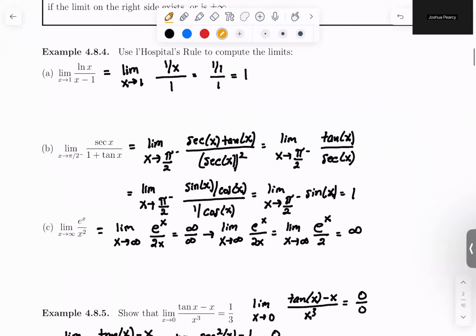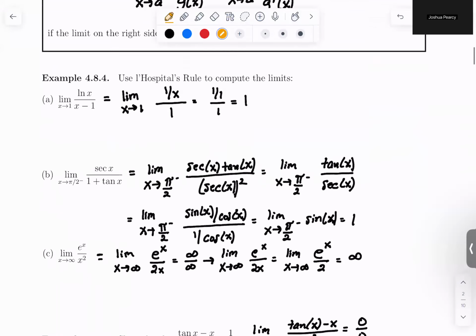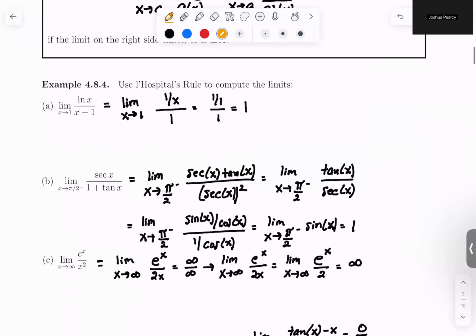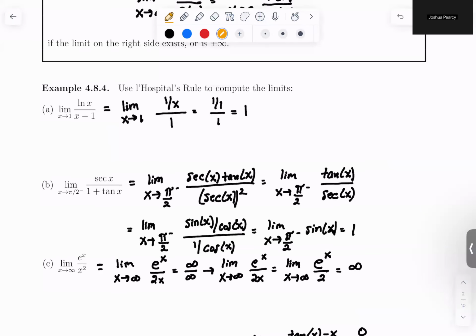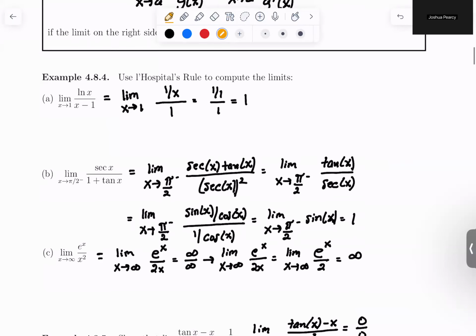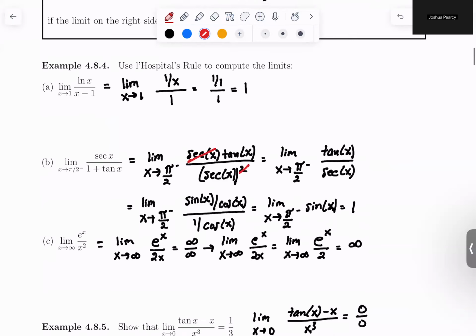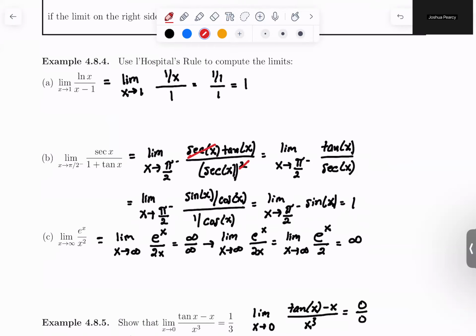What about the next? This one was infinity over infinity. Differentiating the numerator, the derivative of secant x is secant x tan x. And differentiating the denominator, the derivative of tan x is secant squared x. So we can cancel out a secant from here and from here. This leaves us with the limit as x goes to pi over 2 from the left of tangent x divided by secant x.